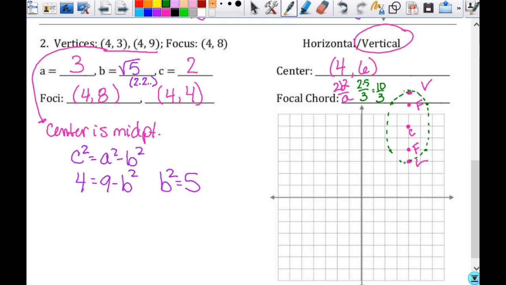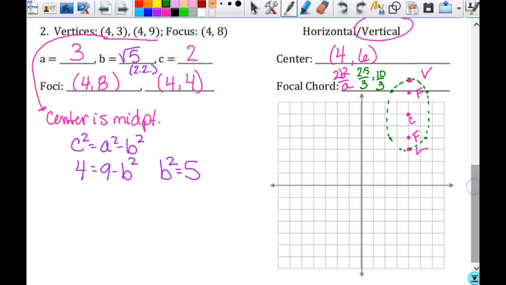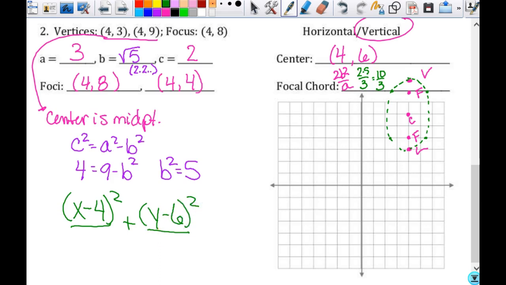Do I have everything I need to write the equation of my ellipse? Yes or no? I would need x minus h. Do I know h? Yes, it's 4, squared over something. Plus y minus what? K, which is 6, squared over. All right, so then these are a squared and b squared. A squared goes under which one?